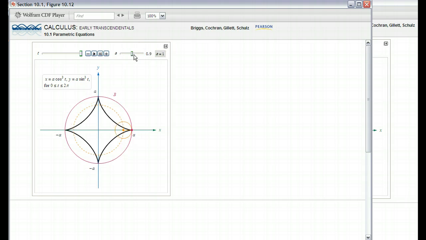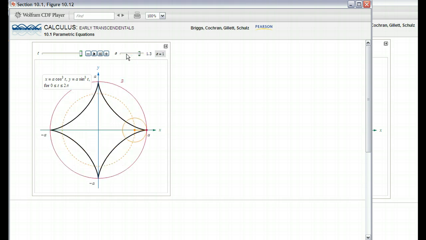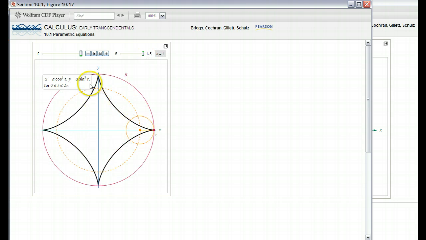If I make it smaller, say to 0.6, let's rewind our player and see what happens now. It appears that just by modifying this value of a, we are modifying the size of our asteroid, yes? And again, it's all because we're rolling on the inside of this circle of radius little a. And we can make it larger than 1 also. Of course, we'll just get a really nice big asteroid. Let's reset that and hit play.